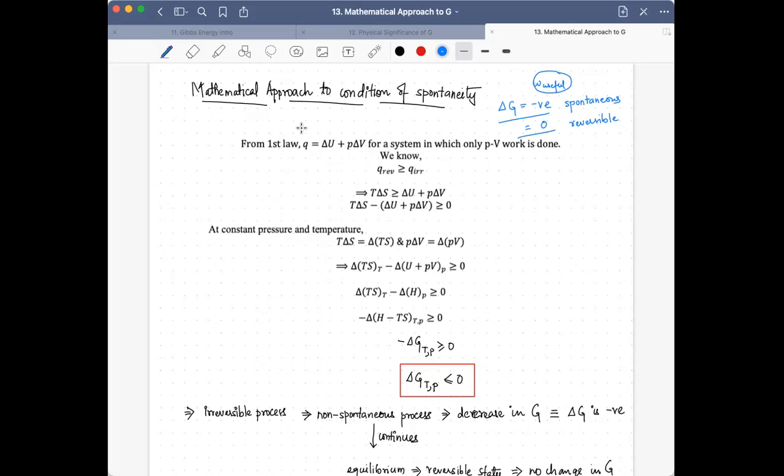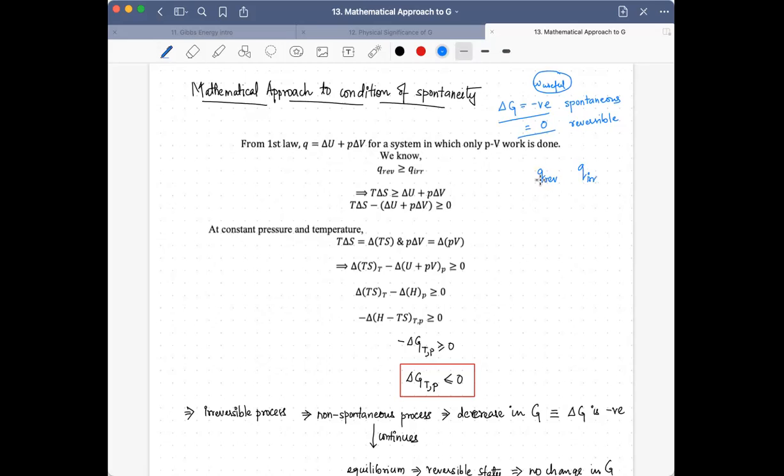When it is a reversible condition, it is Q reversible. However, if you're talking about an irreversible condition, then the heat change would correspondingly be referred to as Q irreversible.